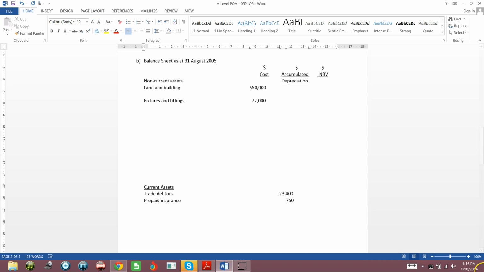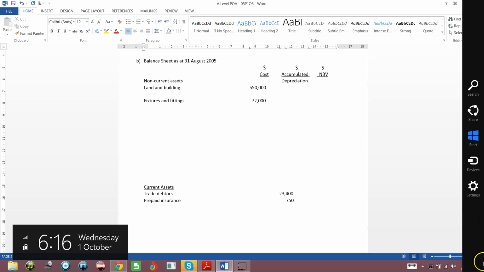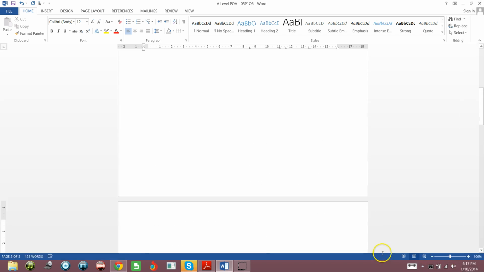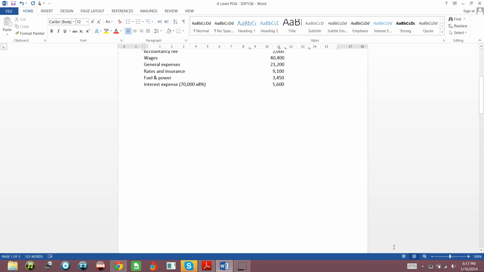Okay, so now what else am I going to do? The additional information at the bottom of the question says to provide for depreciation. Depreciation means every year the fixed asset loses value, so it should be treated as an expense.